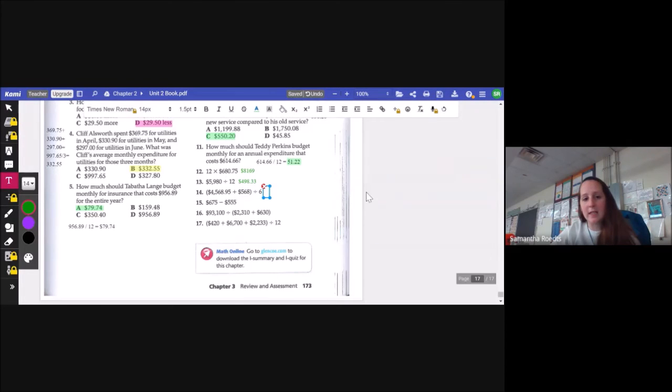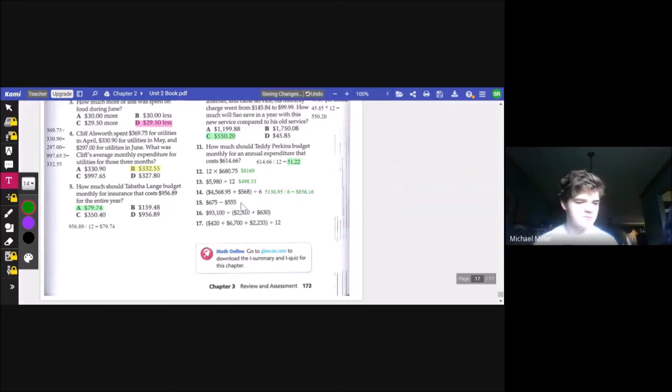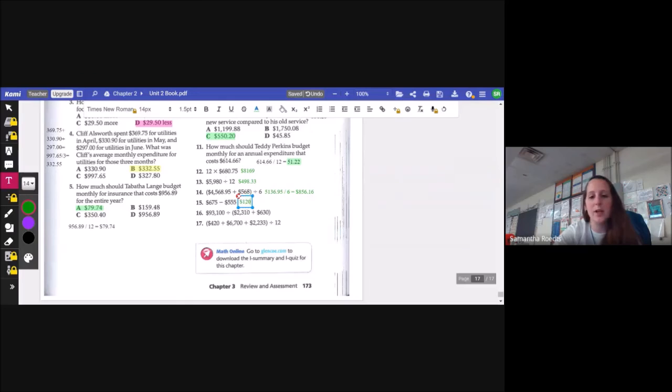For 14, I need to do what's in the parentheses first. So that's $5,136.95, and I'm dividing it by 6, which equals $856.16. And then 15, I'm just subtracting 675 minus 555, which gives me $120.